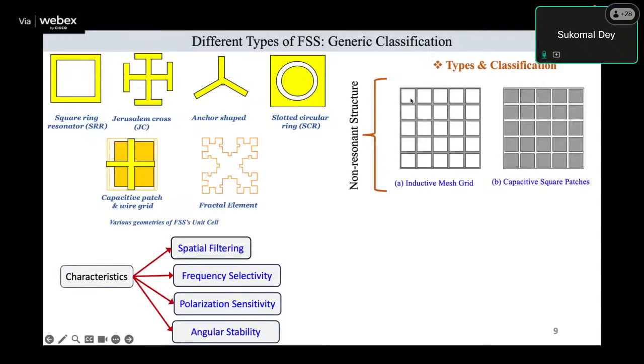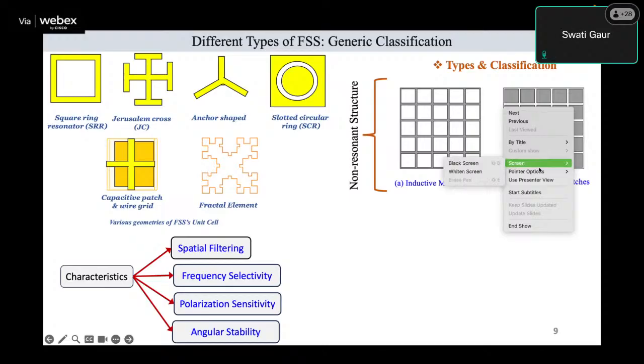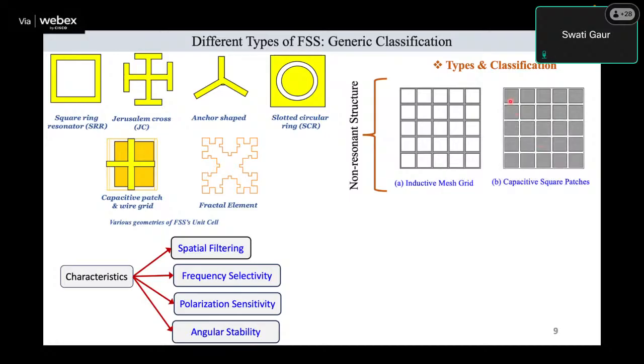Here, what is your unit cell? Please continue, tell me, what is the doubt? The doubt is that I am designing for increasing the gain, sir, and how to decide what my approach should be.